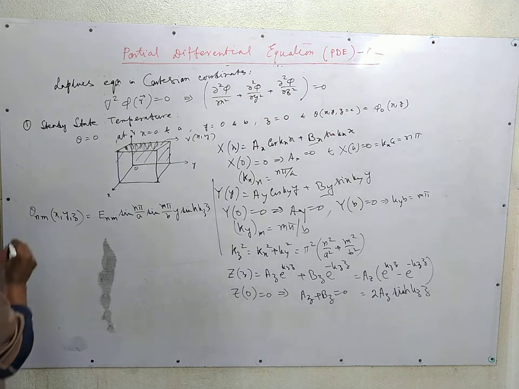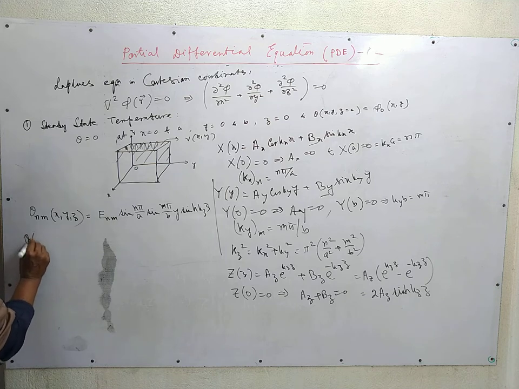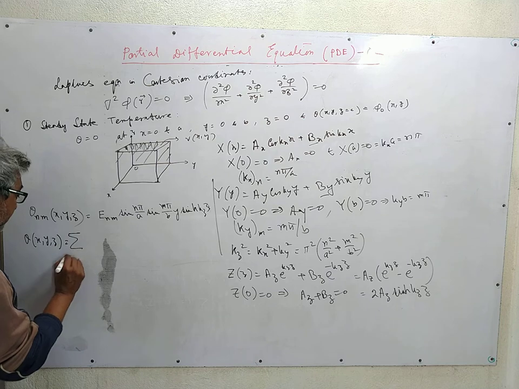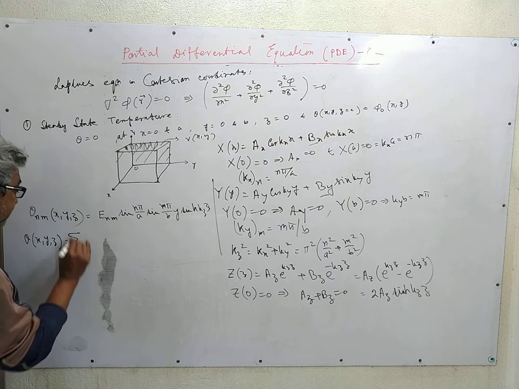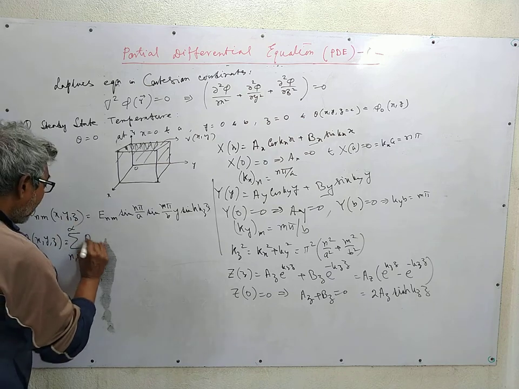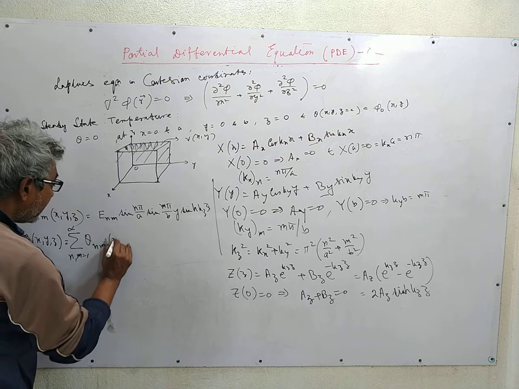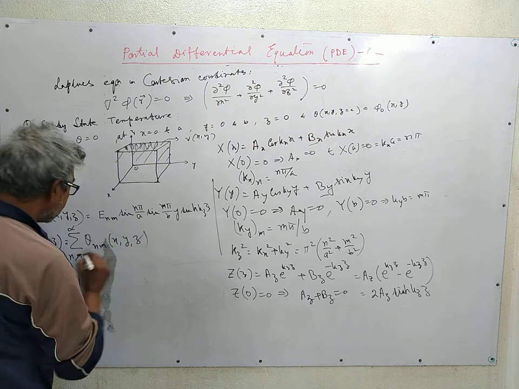So the general solution is summation over n, m ranging from 1 to infinity of phi n m x y z. This is the general solution.